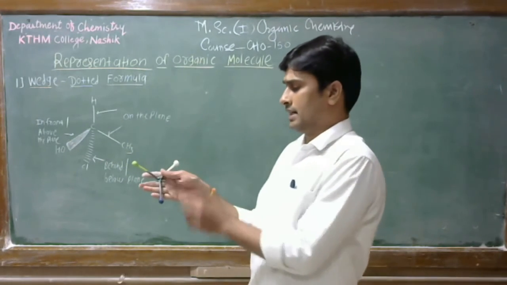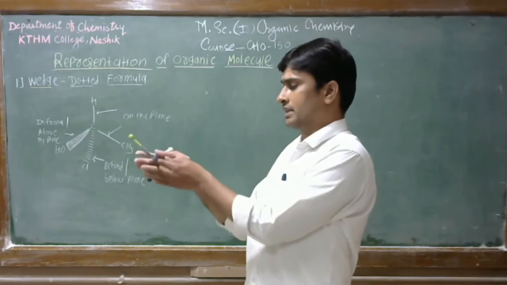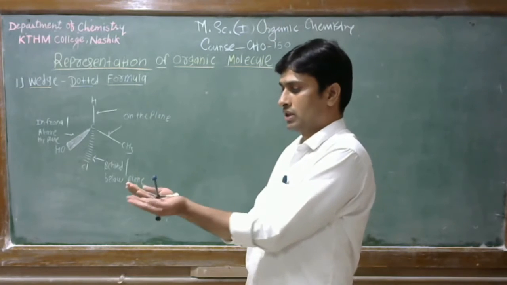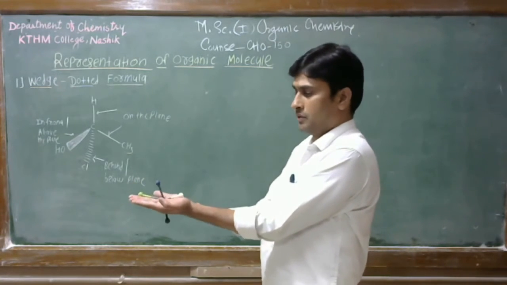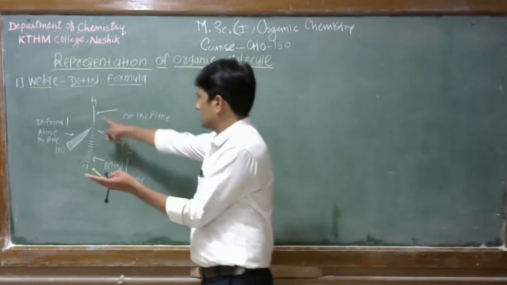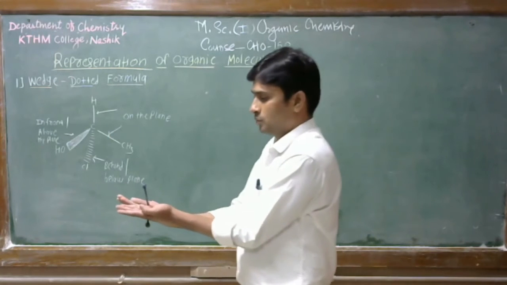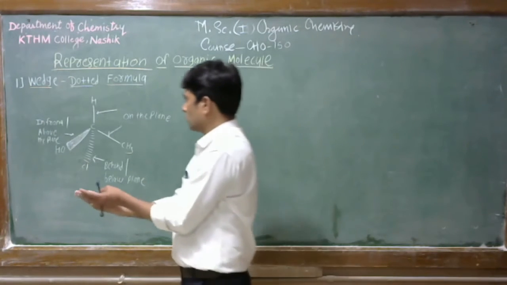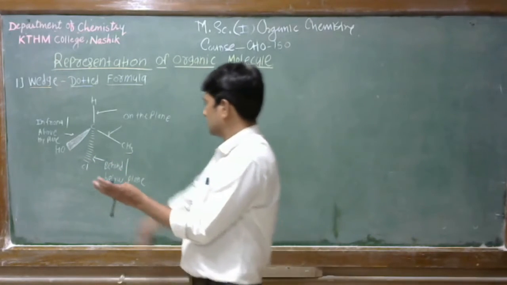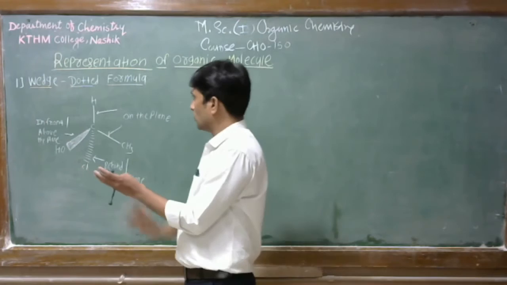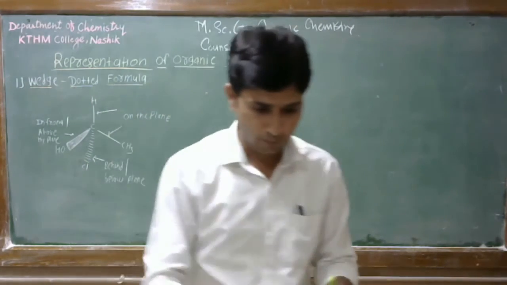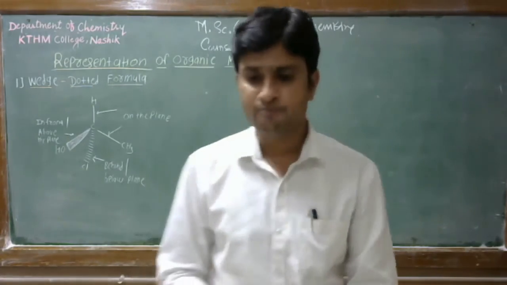Friend, if we rotate this structure in such a way that our plane is the horizontal plane, we can see these two groups are on the plane, shown by the normal line. One group is above the plane, shown by the wedge line, and one group is below the plane, shown by the dotted line. So this is the wedge dotted formula, and it is very important in stereochemistry.